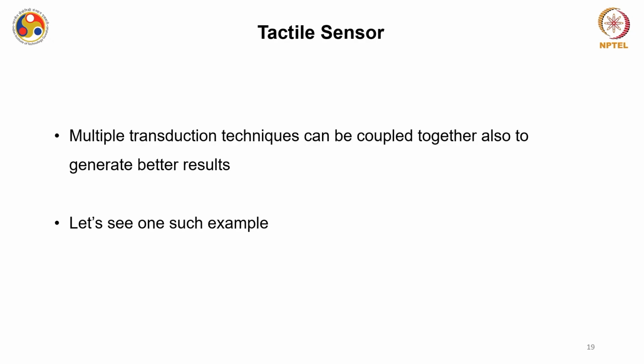So, let us discuss one example where ultrasonic transduction technique and piezoelectric transduction technique are coupled together. This will give you an overall idea of how multiple transduction techniques can be coupled in the same device to have more precise and more sensitive results.